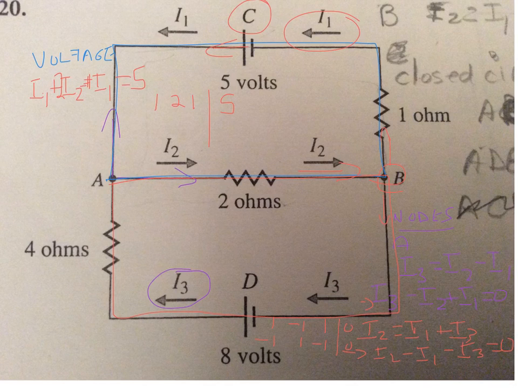And on the bottom, starting at our 8-volt battery at D, we have 4I3, because it's I3 going through the 4 ohm resistor here, plus 2I2, that's this I2 going through the 2 ohm resistor, plus I3 down at the bottom here, equals 8 volts.